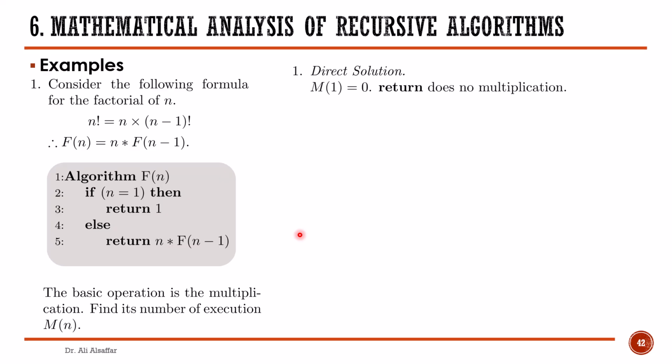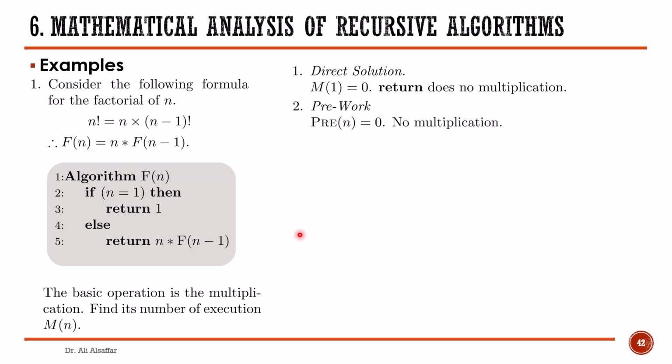For the direct solution, there is no multiplication in the base case. Therefore, for n equals 1, M(n) is equal to 0. Before the recursive call, there is a comparison operation for testing the base case and one subtraction for the input parameter. None of them is a multiplication operation.